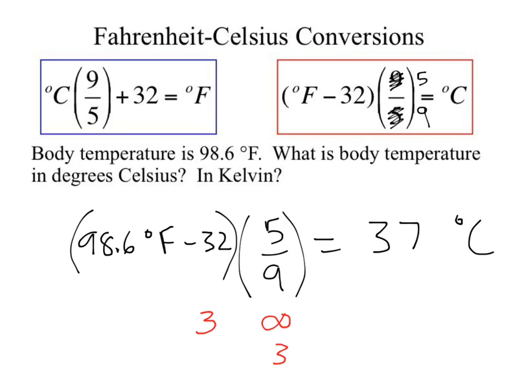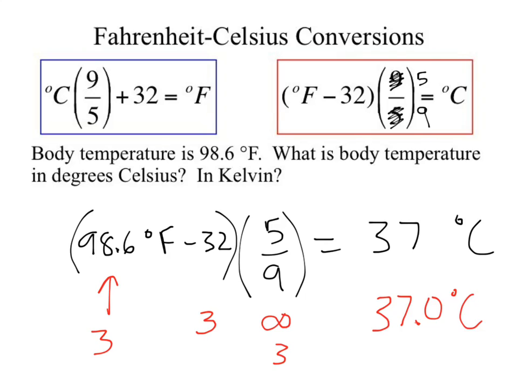We can then go to the actual number we were given, which was 3 sig figs, which means our answer is actually 37.0 degrees Celsius. Okay?